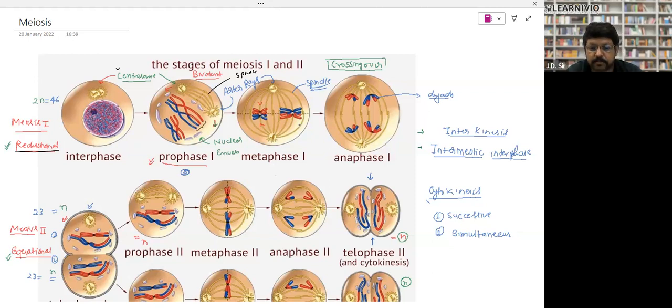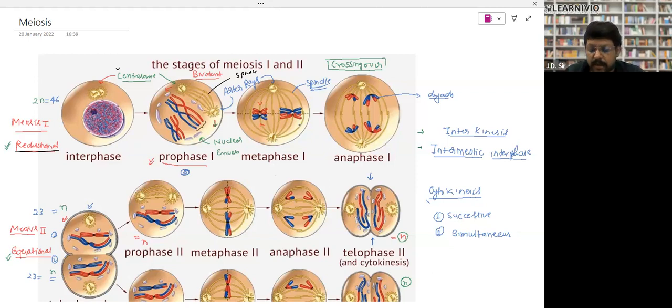But where gamete formation takes place in the body of any plant or animal, gamete formation means sperm and egg, right? The gametes are haploid. Wherever gamete formation takes place, we call that process gametogenesis, and the process there will be meiosis.